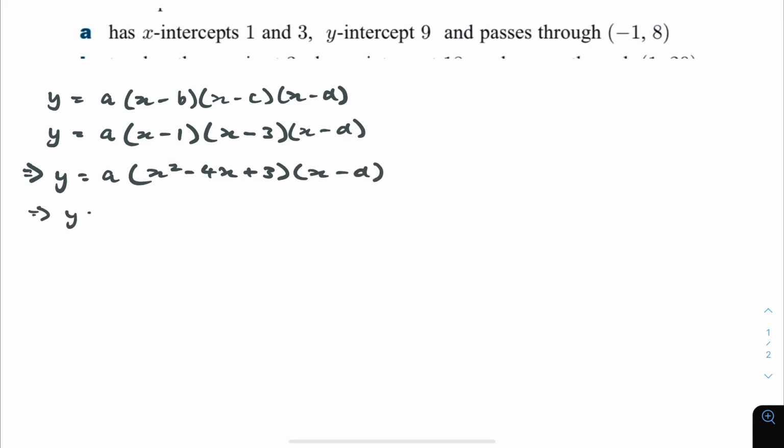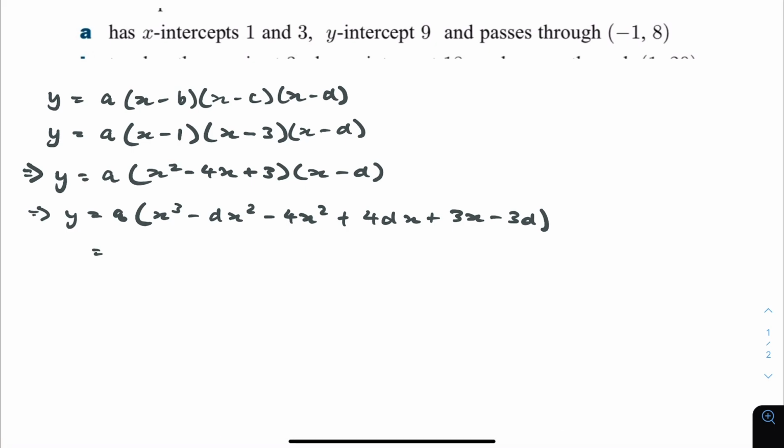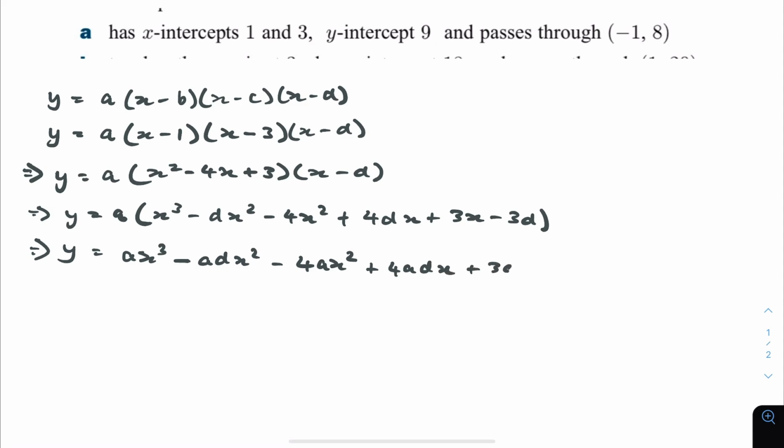It gets a little messy, but x cubed minus dx squared minus 4x squared plus 4dx plus 3x minus 3d, which is equal to ax cubed, when you add the a in, minus adx squared minus 4ax squared plus 4adx plus 3ax minus 3ad.